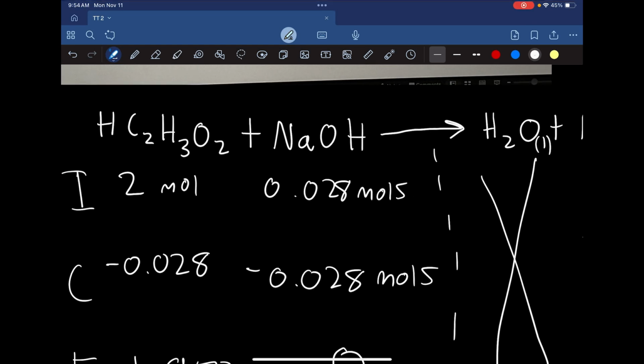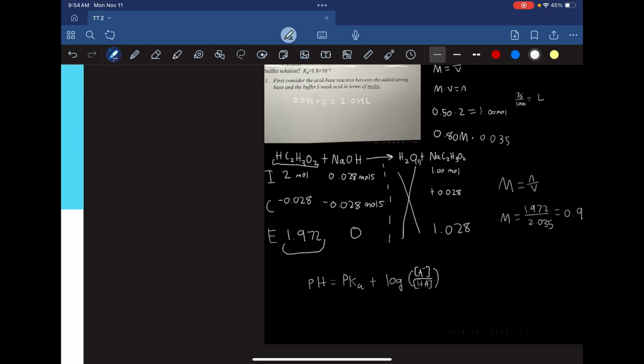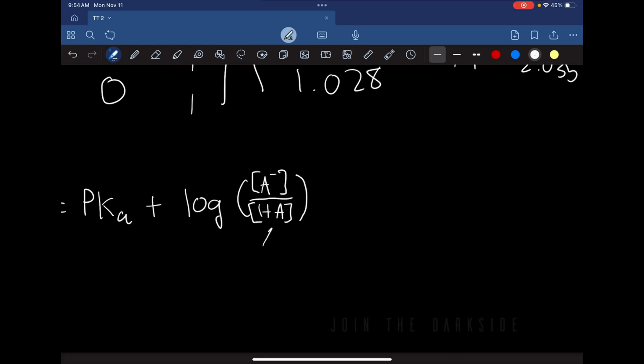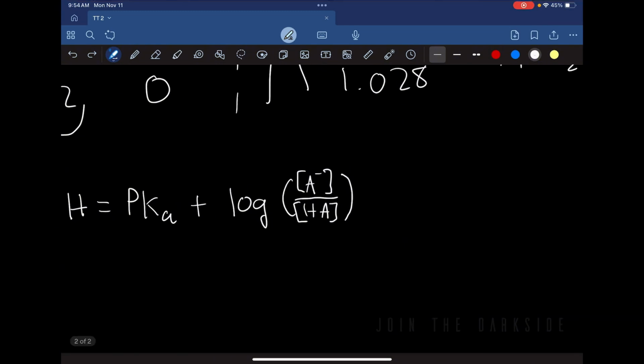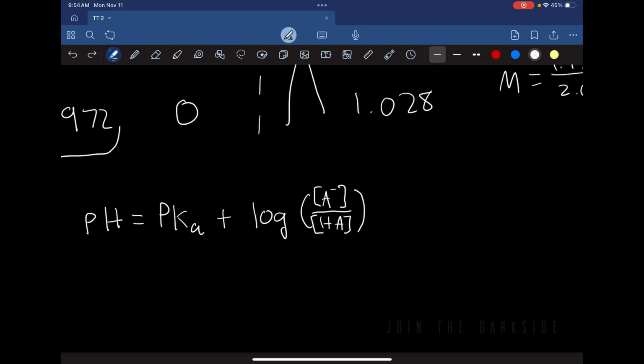Since this is our acid, we can plug that in for our HA.